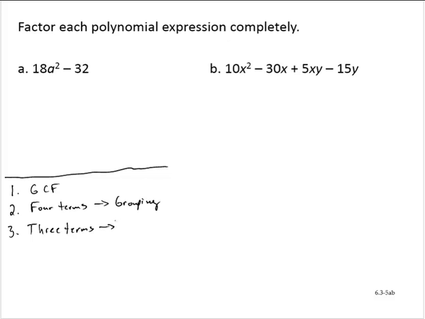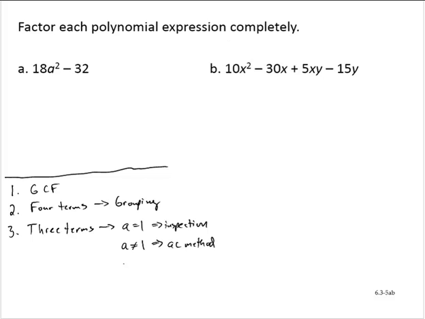If the lead coefficient is 1, we have a certain technique. So A equals 1, we did that inspection technique. If A was something other than 1, then we use the AC method.